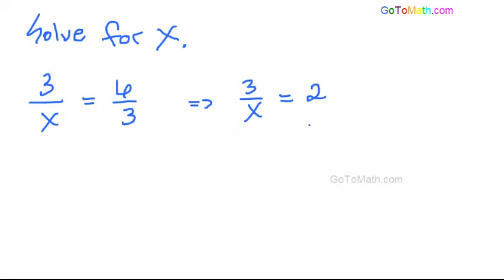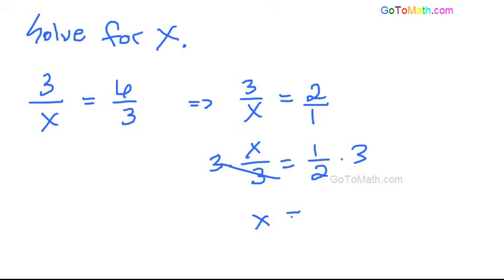Now we can consider a 1 being right here. What you could do is flip this around so that x is on top. And then we can multiply both sides by 3. Those 3's cancel out and we're left with 3 halves. Left with 3 halves.